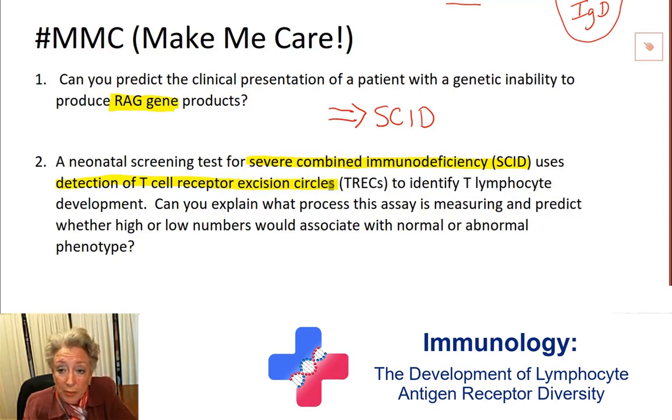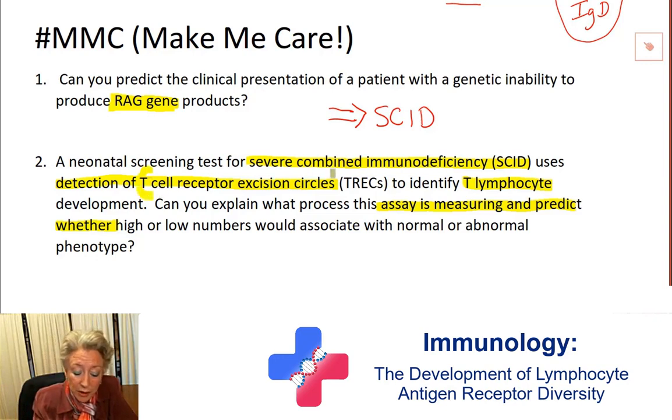Think about what we've talked about in our discussion here, and then come up with a logic for why that would be a useful assay to measure and predict whether a child has normal thymic cell function, T cell precursor function. I would pause the video now, give yourself a few minutes to work through the process of why this would matter, and I will continue when you click the non-pause button again.